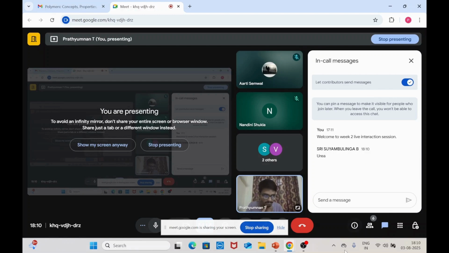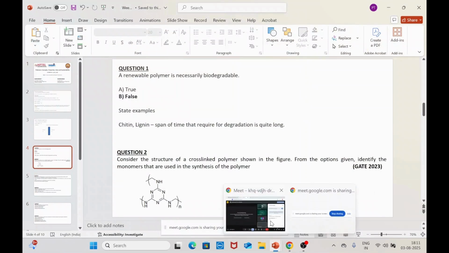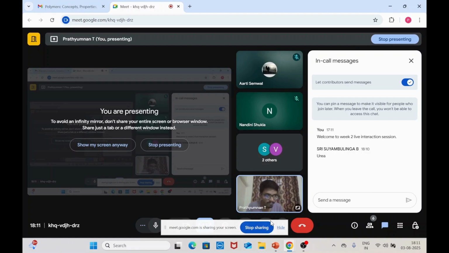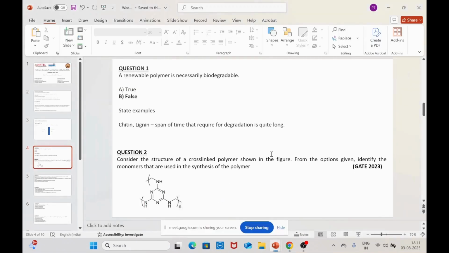Urea. Urea is NH2CONH2, so that may not be a monomer.